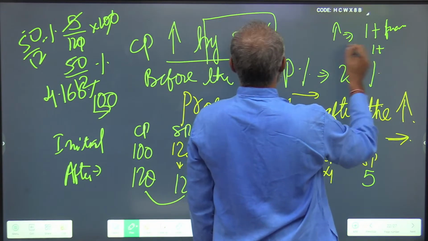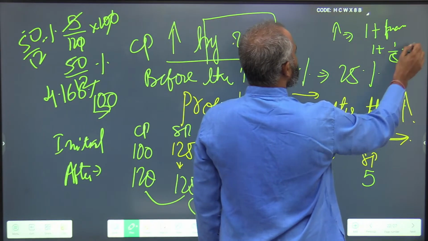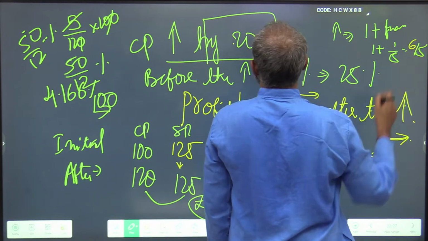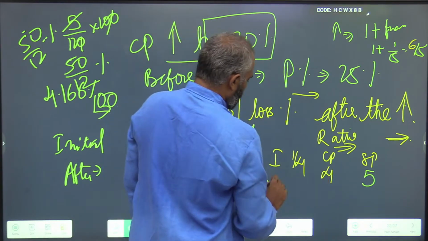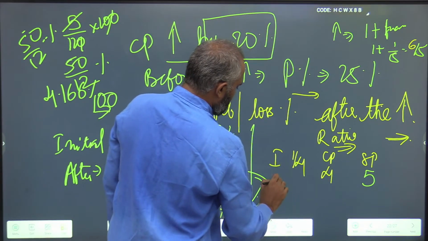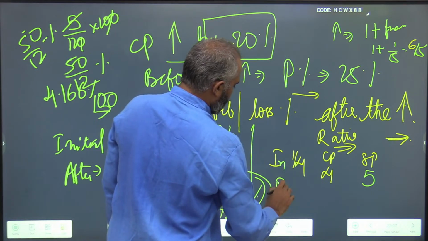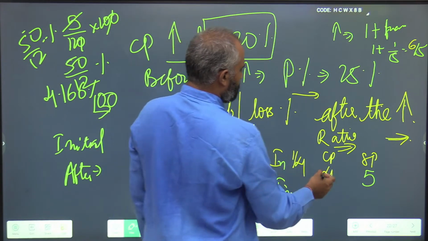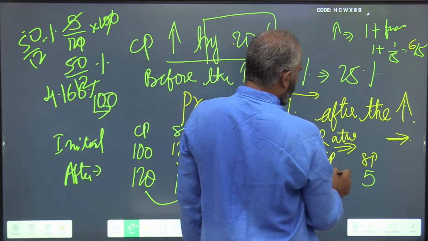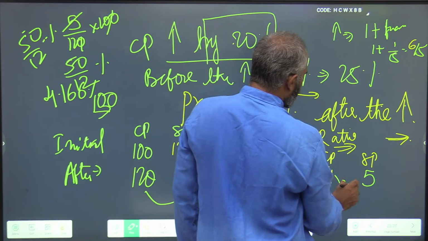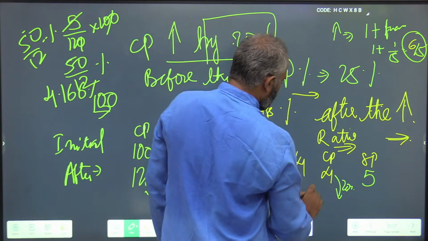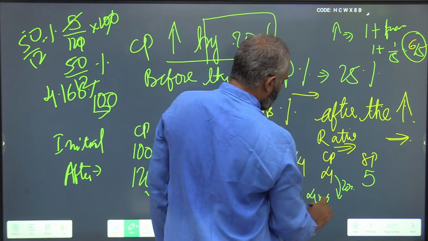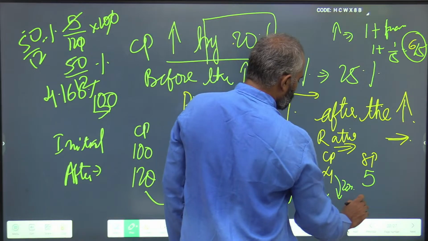So 1 plus 20% is 1 plus 1 by 5, so it becomes 6 by 5. This is the initial value, and the final is after the increase. So 4 increases by 20%, multiplication factor 6 by 5. So this becomes 4 into 6 by 5 is to 5.